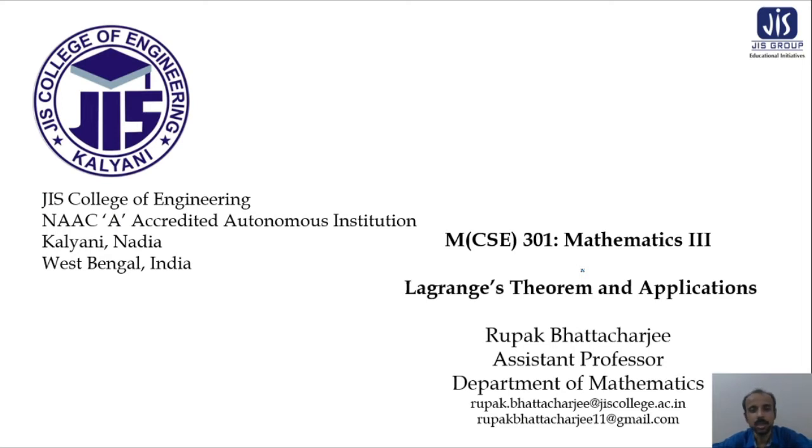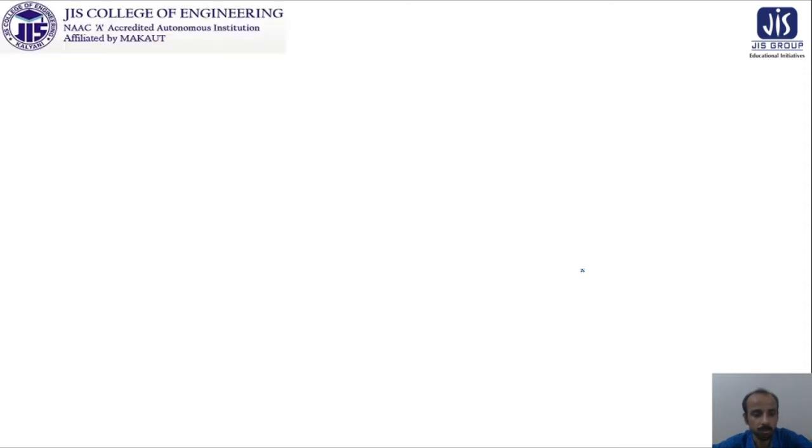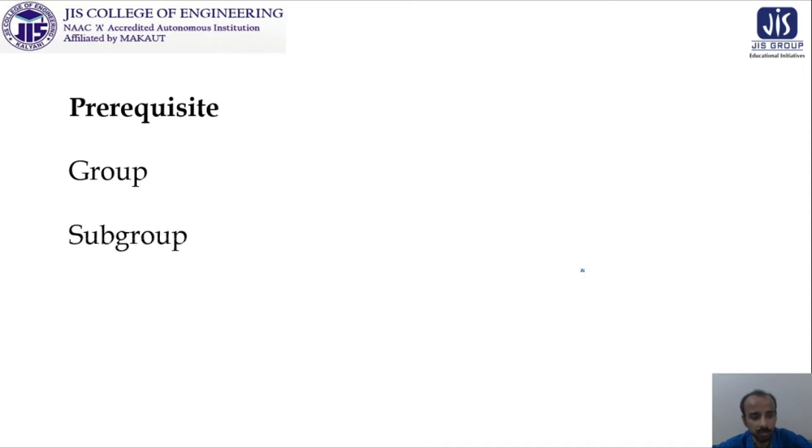Already we have taken some classes on this, so from those classes we need to apply some idea here. The prerequisites for this discussion are almost the same: we need to have a clear idea on group and its properties, and some idea on subgroup and obviously its properties.